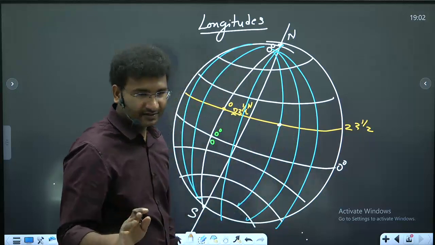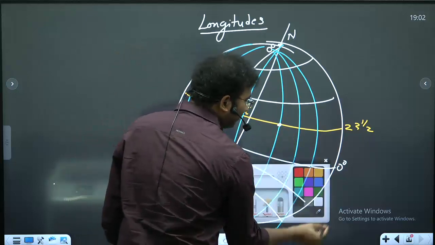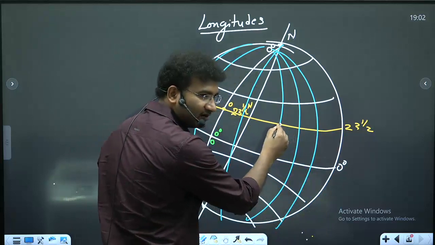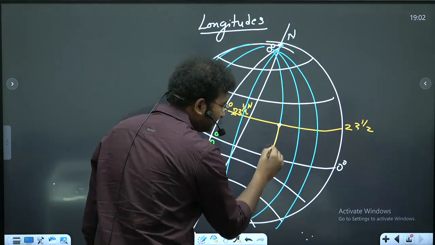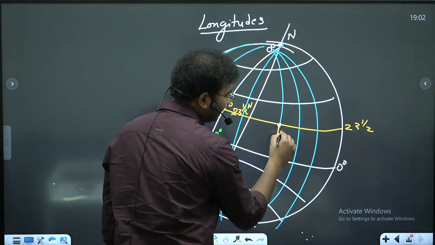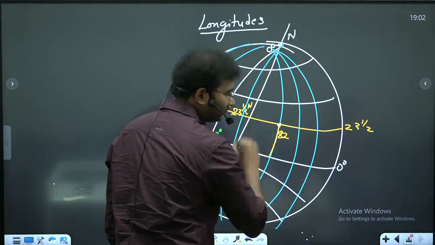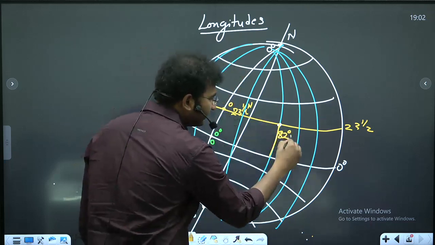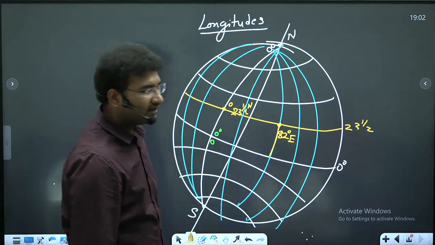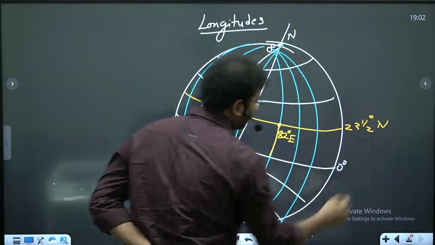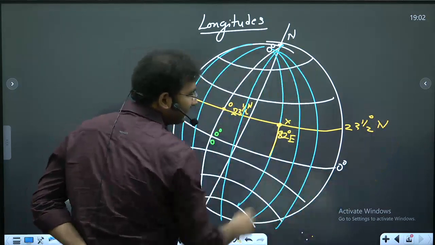Okay, just imagine. If you see, let's imagine this particular longitude is somewhere around 82 degrees east. Now latitude is 23.5 degrees north. Suppose this point X, I'll call it as IAS hub.